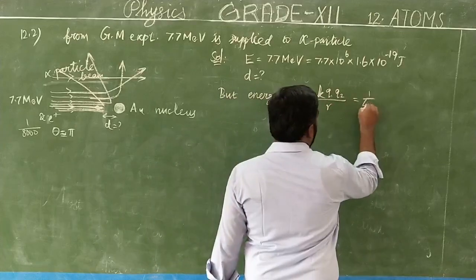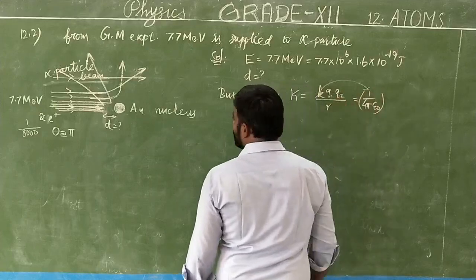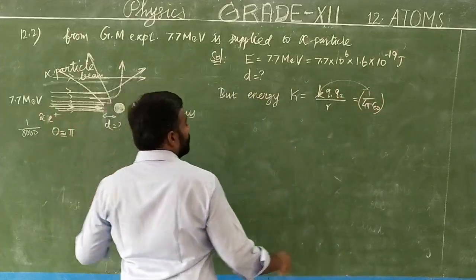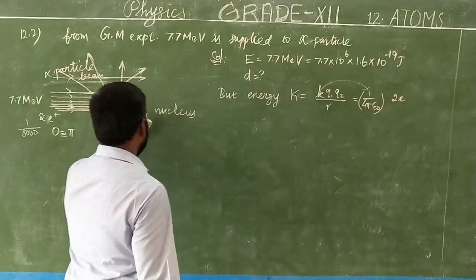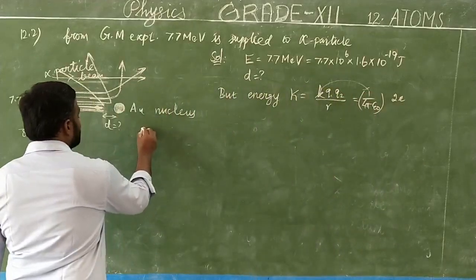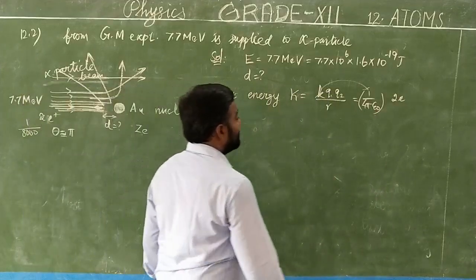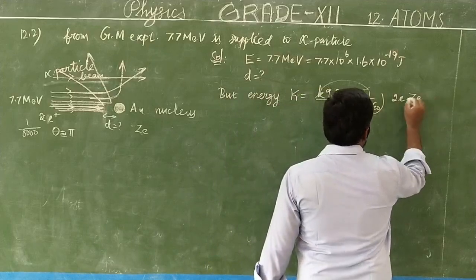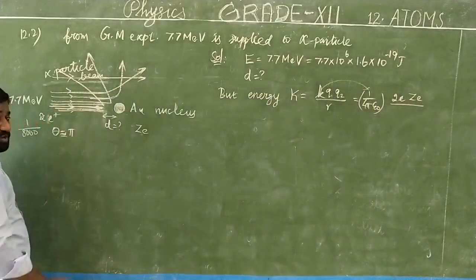It is 1 by 4 pi epsilon naught, that is the k value. And Q1 and Q2: what is Q1? 2e for the alpha particle, and Q2 for the gold nucleus. The gold nucleus contains atomic number Z and charge Ze, divided by the distance.